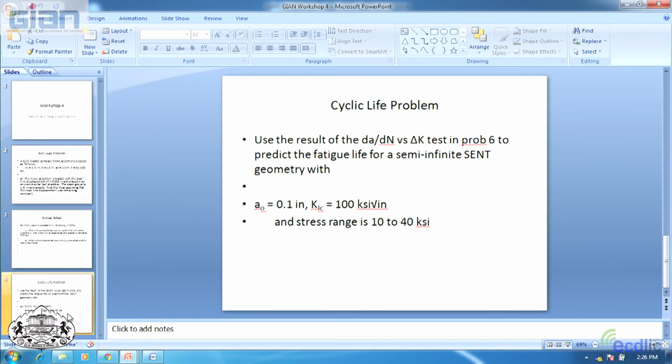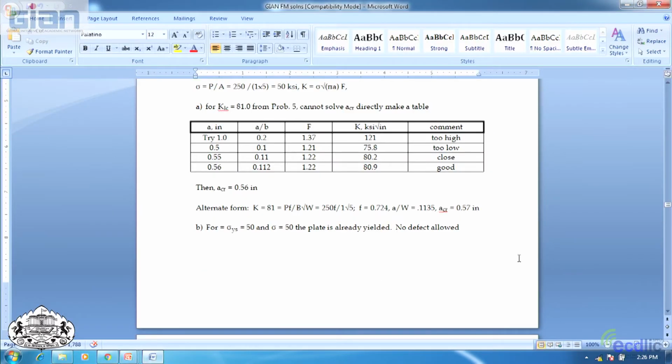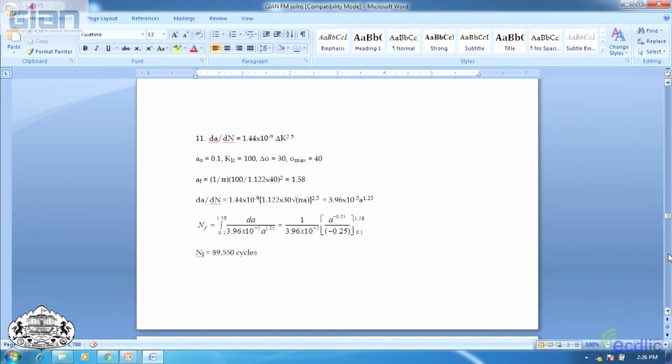Now the fatigue crack growth law is this. DA/DN is 1.144 times 10 to the minus 9 delta K to the 2.5.